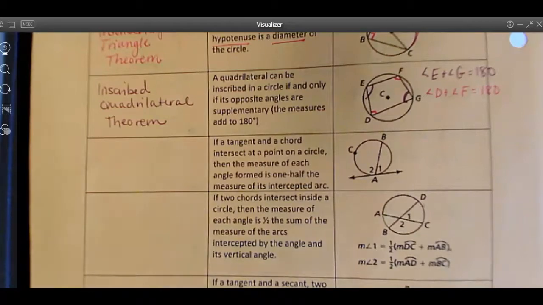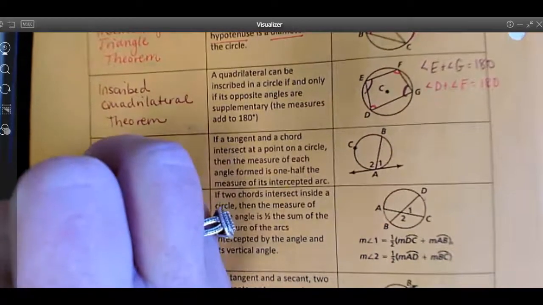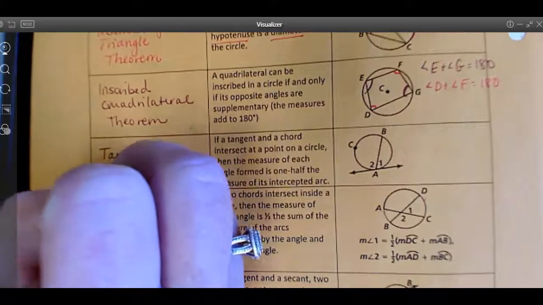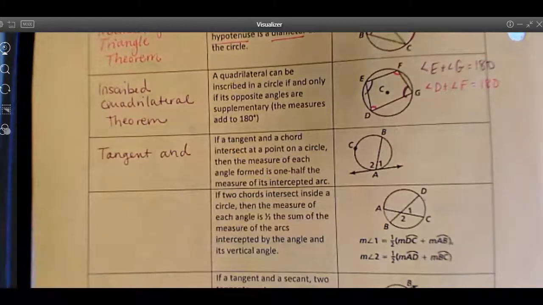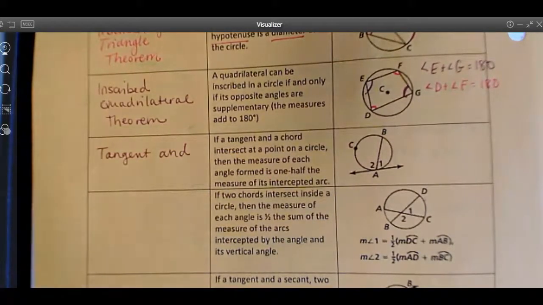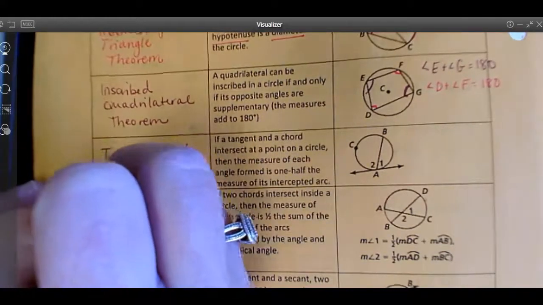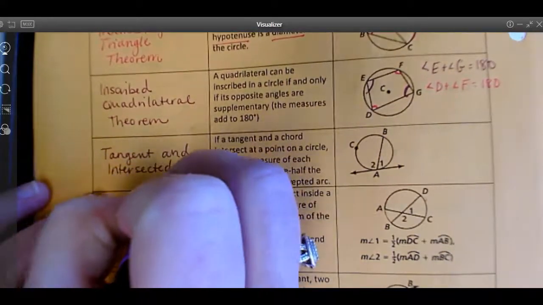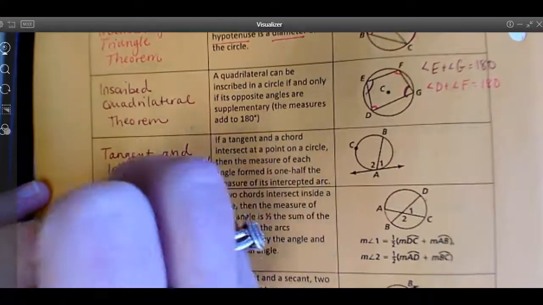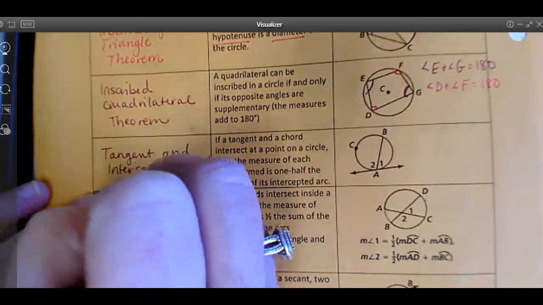Okay, next is the tangent and intersected chord theorem.